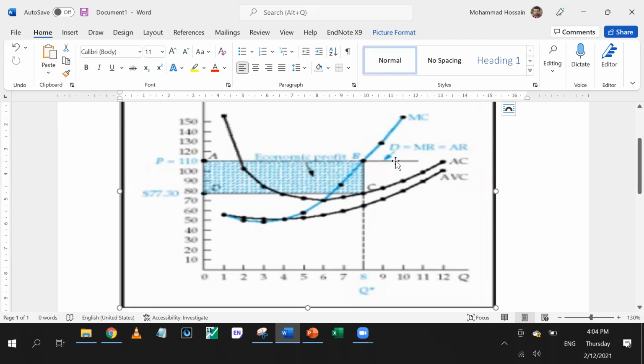Try to understand that this firm is not going to produce more than this line. If they produce at this point, you can see marginal cost is higher than marginal revenue. You see MR, this is the MR. So marginal revenue is lower than marginal cost if they produce more than this point. So the firm is not going to produce at this point. They will produce at B.